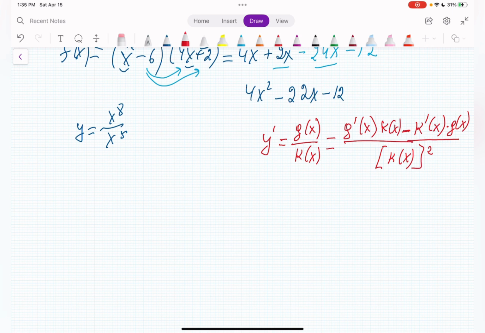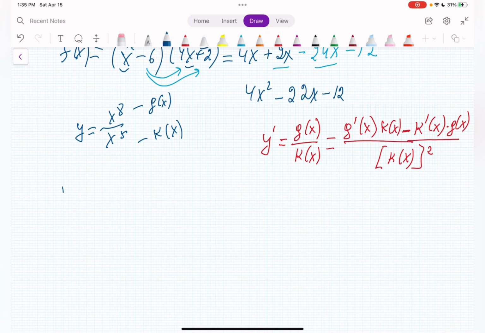All right. Now let's solve it and see what we get. So my g of x is x to power 8, and x to power 5 is k of x. Let's see what we are getting here.